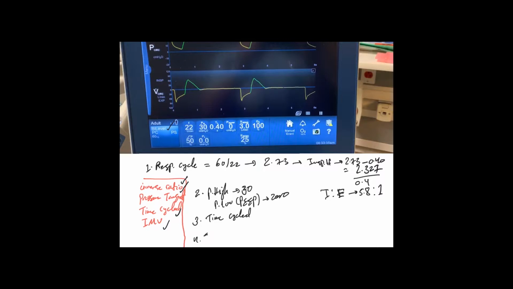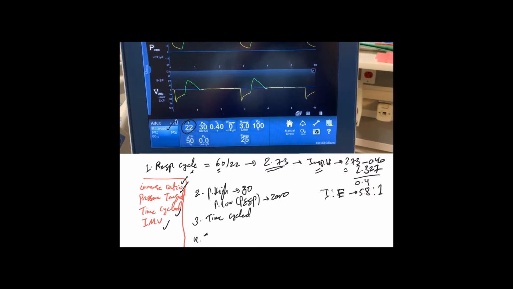The respiratory cycle for this patient is 60 seconds divided by 22, which is the respiratory rate. I have to say, usually with bi-level we tend to make the respiratory rate much slower, but for this case we picked 22 because of the way her ABG looked and the retention of CO2. So this is her respiratory cycle, 2.73 seconds.